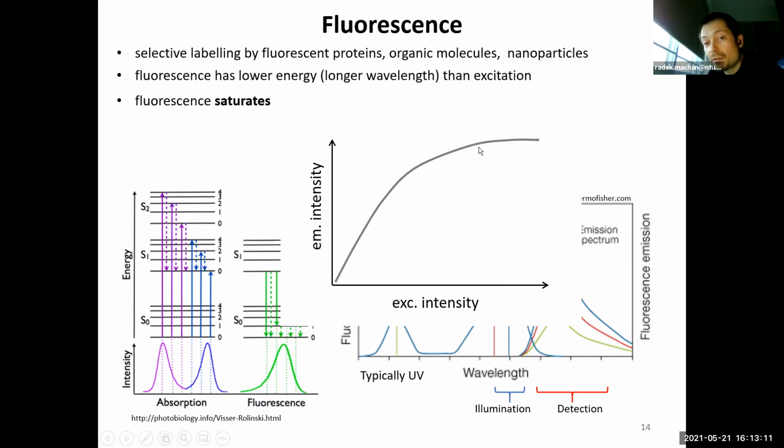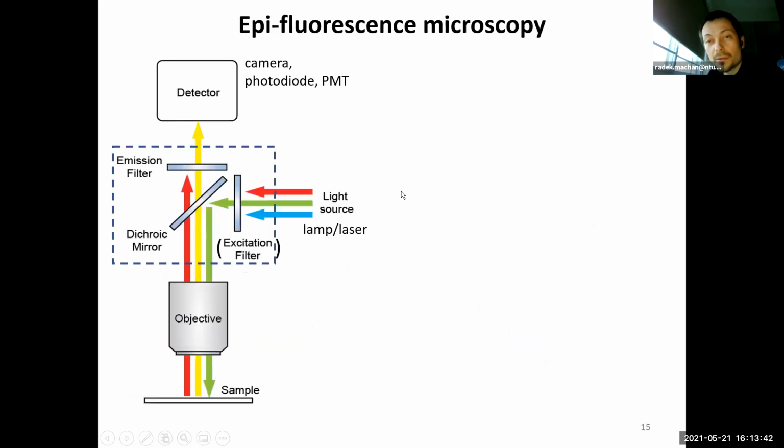If I don't, then probably I am already reaching the saturation level, and increasing the intensity doesn't help. It just increases the risk of phototoxicity or photobleaching of the molecules. So it's better not to go too much over the linear range of this dependence.